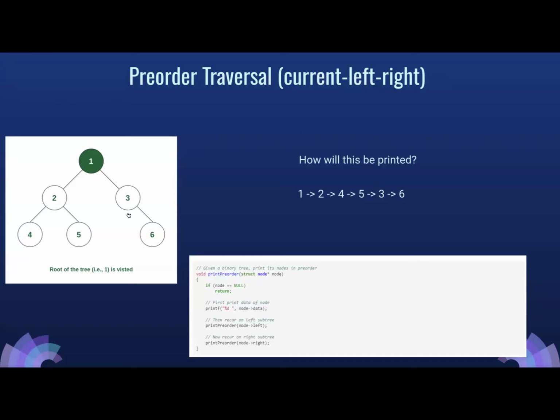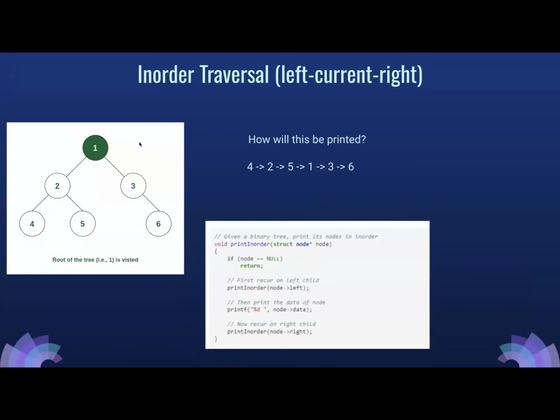So I'll just go over them briefly since a lot of people seem to kind of know what the traversals are. Pre-order traversal, of course, is current, left, right. So we'll print, traverse left, and then traverse right, and then we'll get 1, 2, 4, 5, 3, 6 based off of this tree that we have right here.